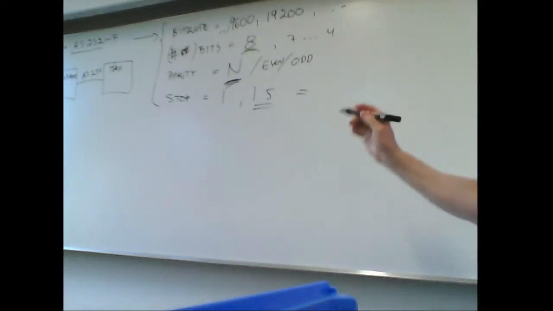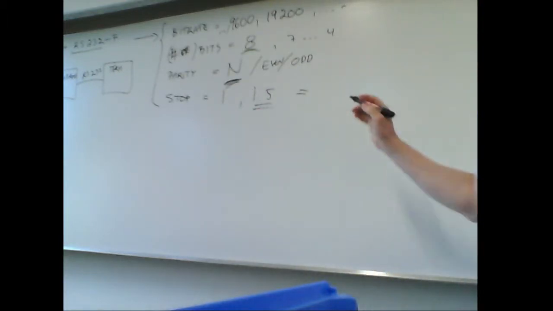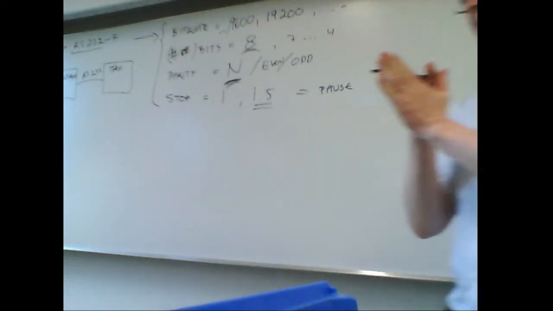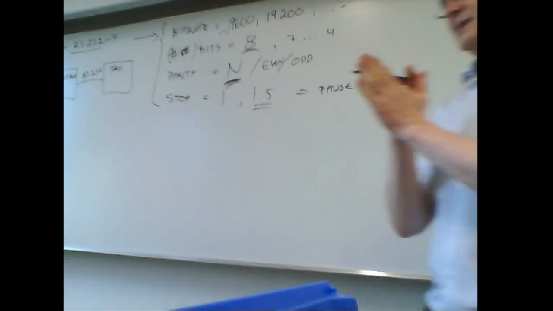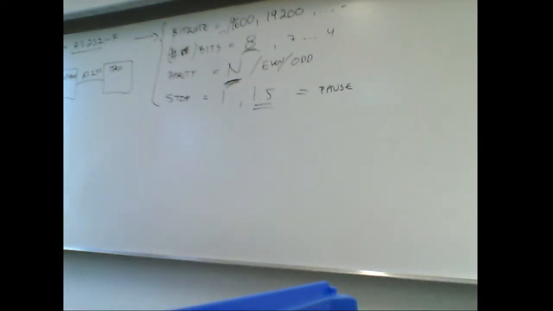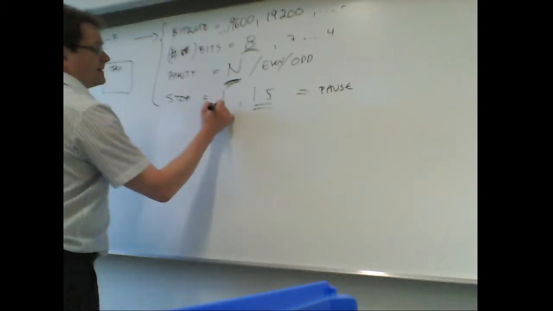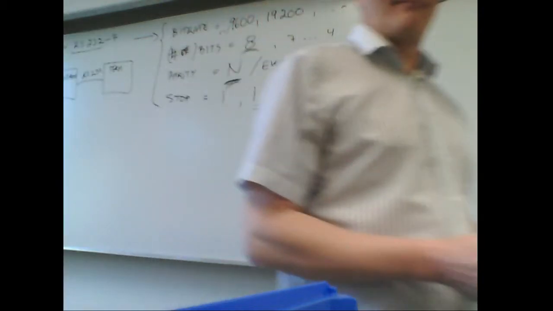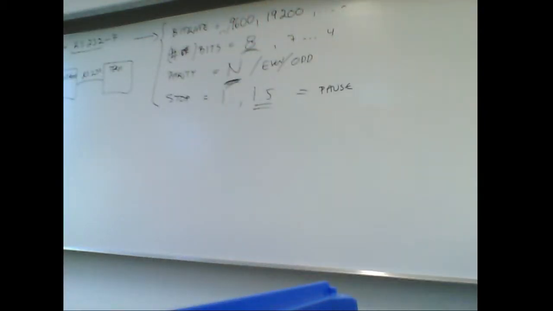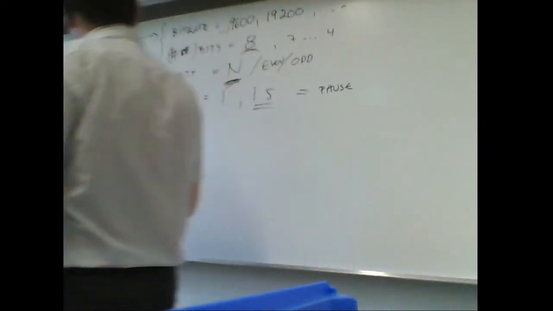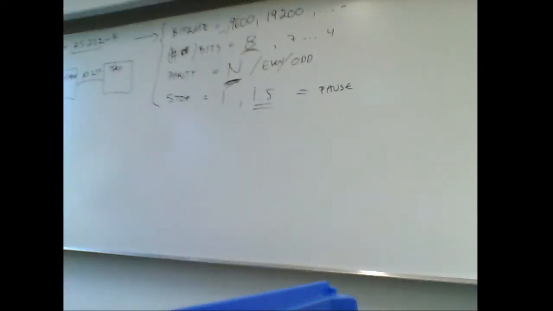Well, this is actually just a pause, how long a pause you can have in between two transmissions. But one is just enough most of the time. Okay, so that's the RS-232.